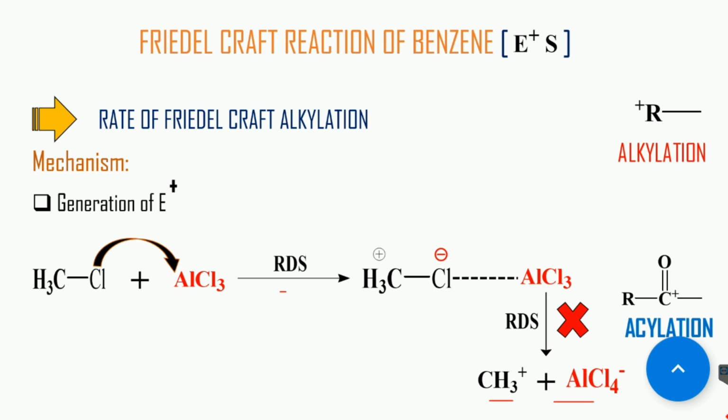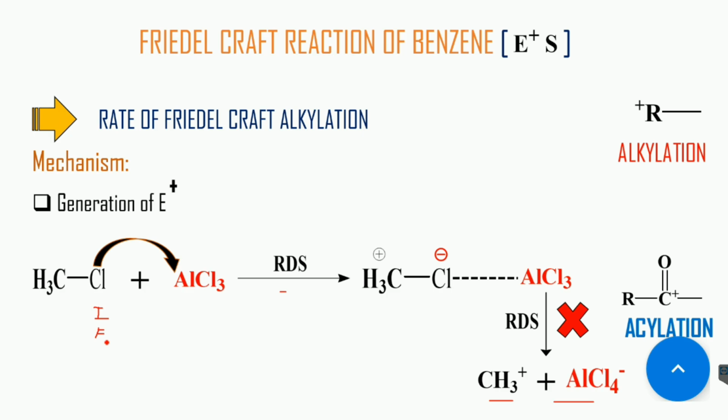Now just imagine iodine. Iodine is a large atom. It can easily maintain lots of electrons with it. But in case of fluorine, it's a small size atom, and it will not be capable of holding the electrons for much longer, and it will try to donate its electron faster to the Lewis acid.